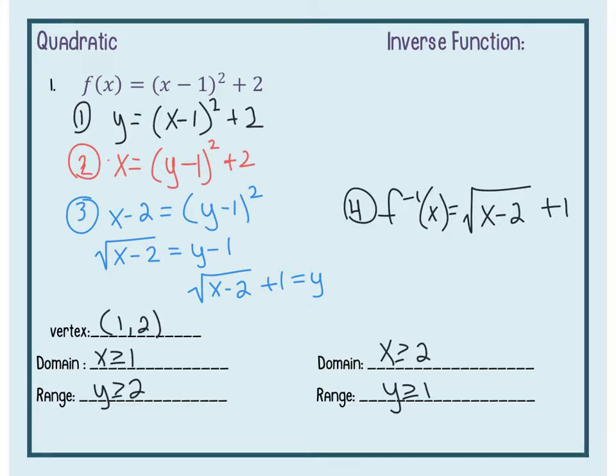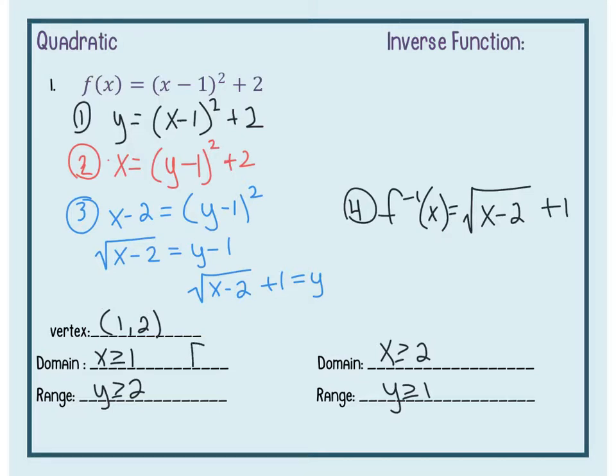Okay? So what did we do here? We rewrote it, switched x and y. We subtracted this 2, then we took the square root, and then we added the 1, and it had to go on the outside, and that was our answer.